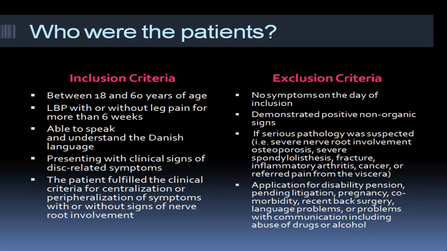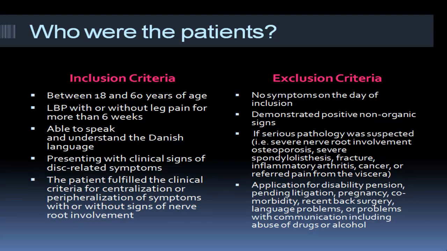So who were the patients? The inclusion criteria were patients between the ages of 18 and 60, patients with low back pain with or without leg pain for more than 6 weeks. They had to be able to speak and understand the Danish language. They had to present with clinical signs of disc-related symptoms and had to fulfill the clinical criteria for centralization or peripheralization of symptoms, with or without signs of nerve root involvement.